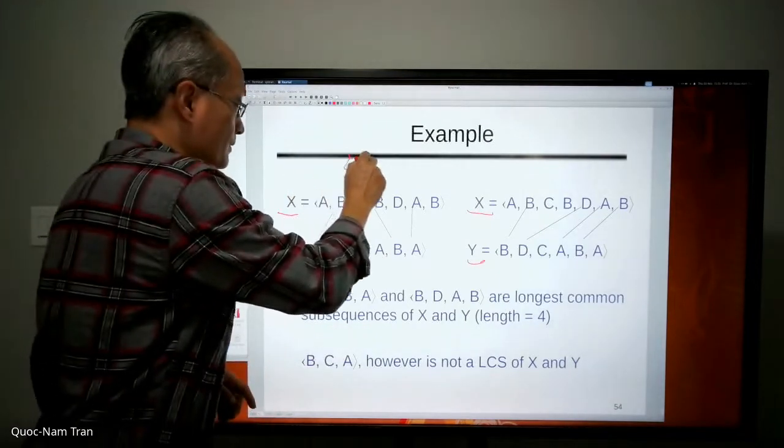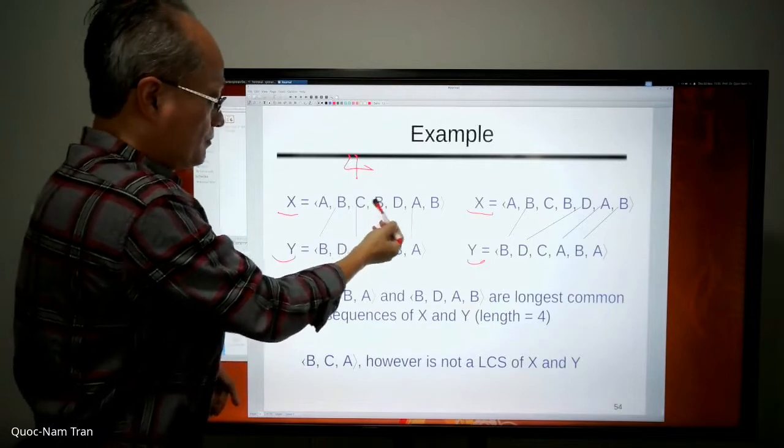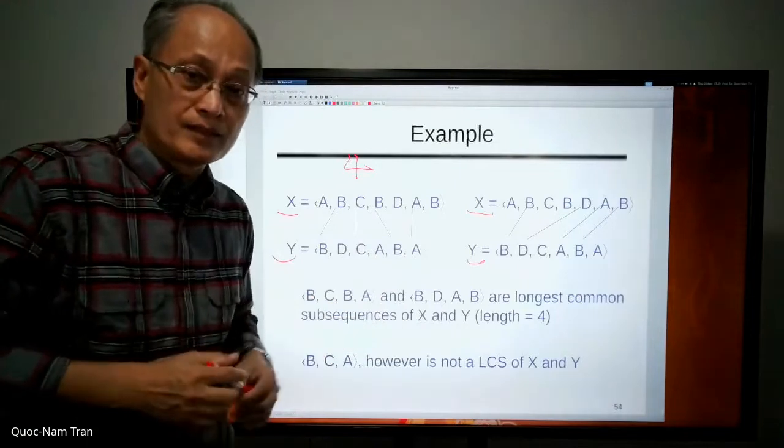So both B, C, B, A and B, D, A, B are longest common subsequences.